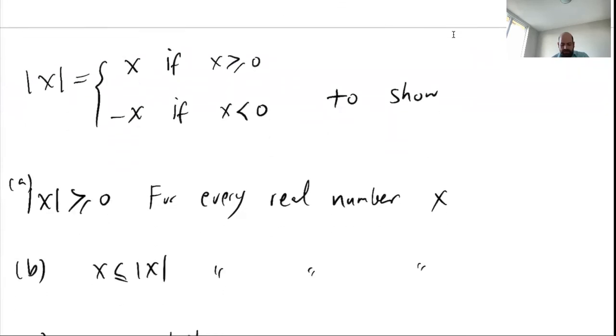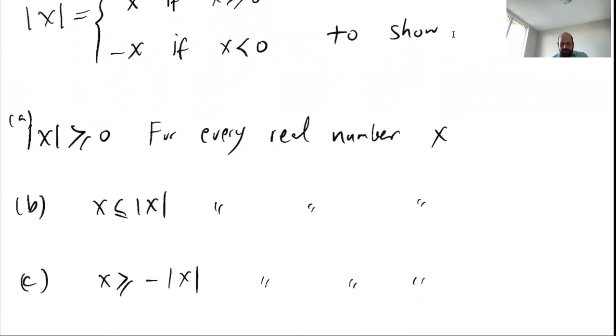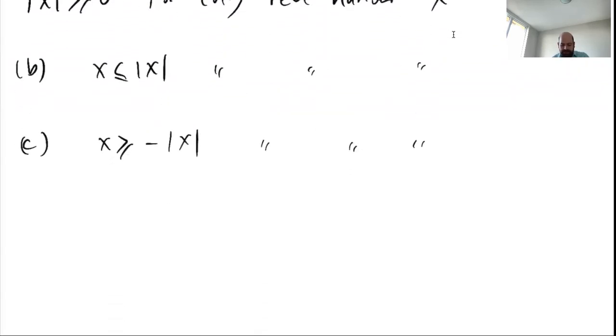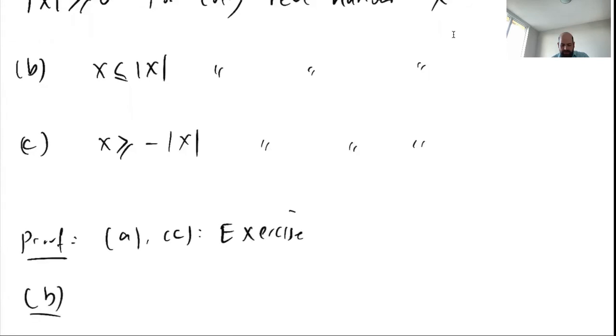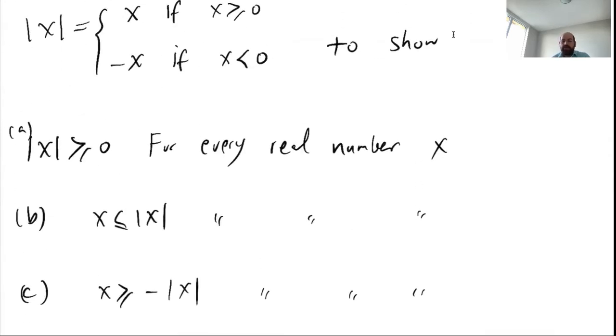Okay, so let me do part B, for example, and parts A and C I'll leave as an exercise. Part B, so we want to show x is less than or equal to absolute value of x.